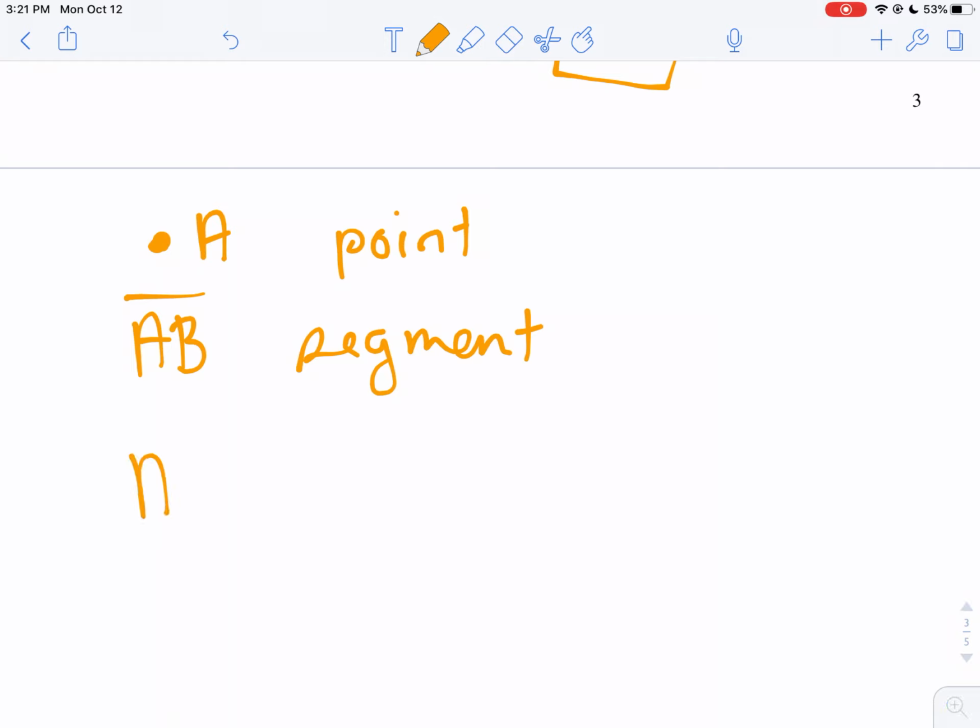A ray: two capital letters, a bar, and an arrow. That would be a ray. Notice that you could also have a ray that looks like this, but instead of going from A to B, it goes from B to A. That means the ray starts at B and goes towards A. So just be careful about that.